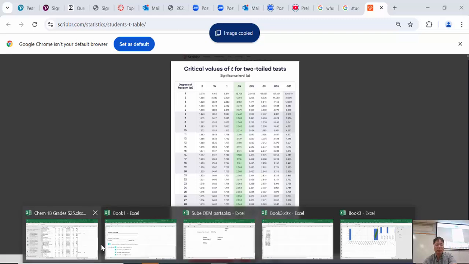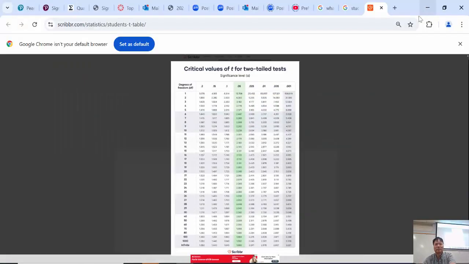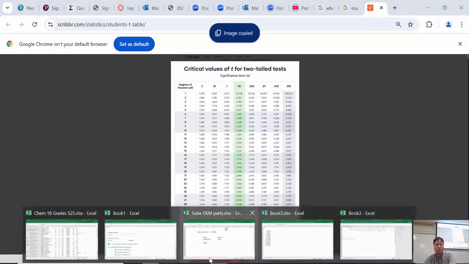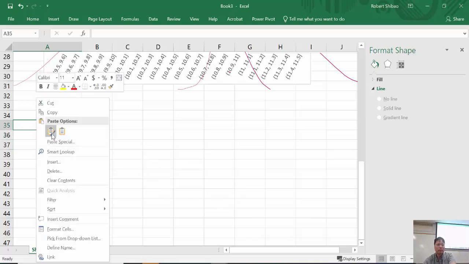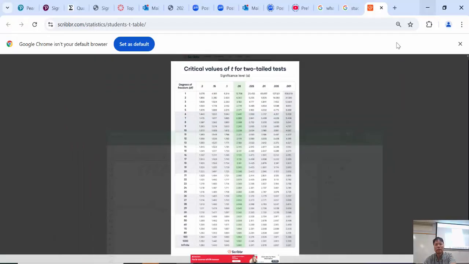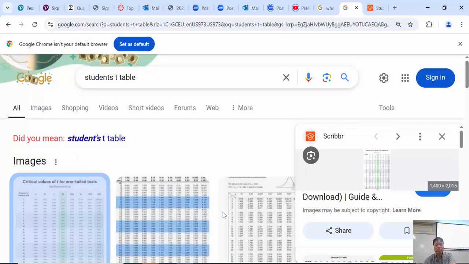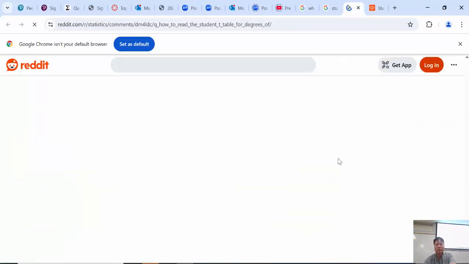I'll just copy this off the website here. Student's t tables are very common. Maybe I can't copy it off the table there. Let's see if this one is.